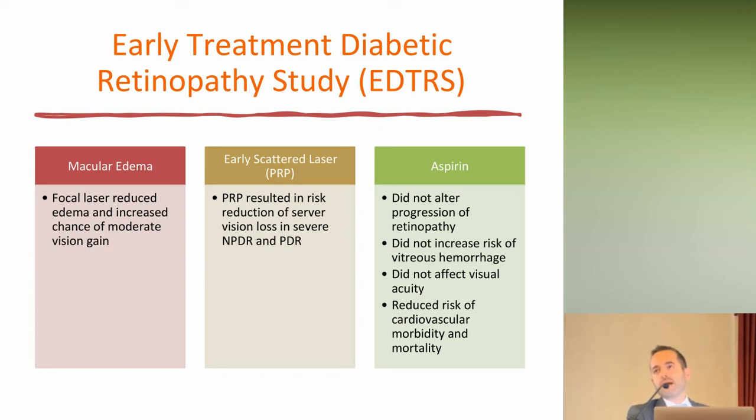It may be counterintuitive, but based on that study, aspirin use did not really change the course of progression of diabetic retinopathy. It did not have any effect on vision, nor did it increase the risk of hemorrhage in diabetic patients. But the effect of aspirin for systemic risk control is definitely there. So a lot of these diabetic patients are on aspirin to reduce the risk of MI and strokes.